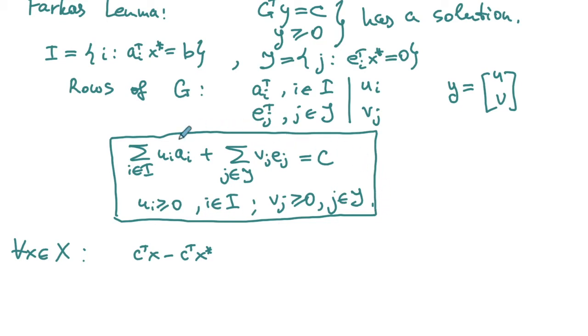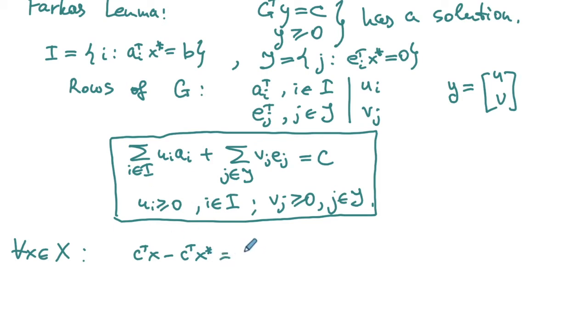Now we assume that this condition is satisfied, and we need to show that x star is the minimizer for our problem, right? So using this condition, c transposed x minus c transposed x star corresponds to multiplying the transposed of the left-hand side of this equation by x minus x star, right?